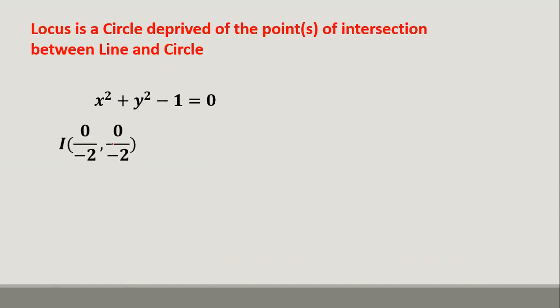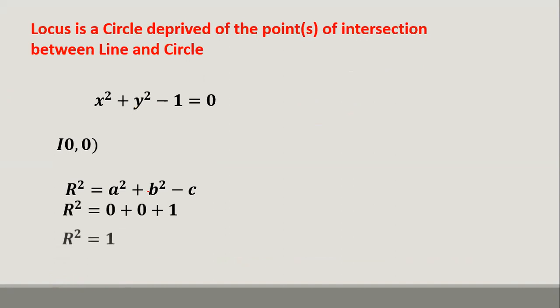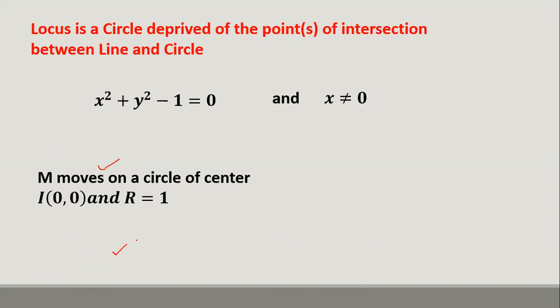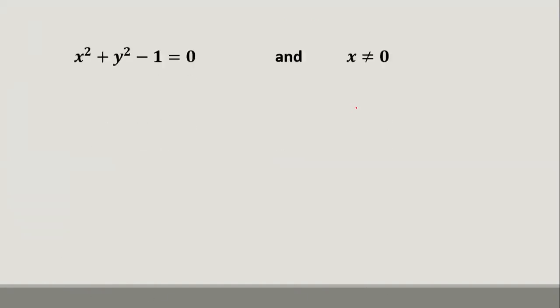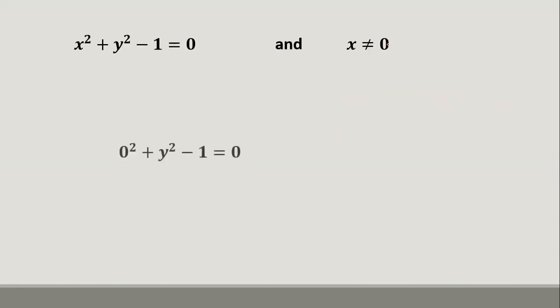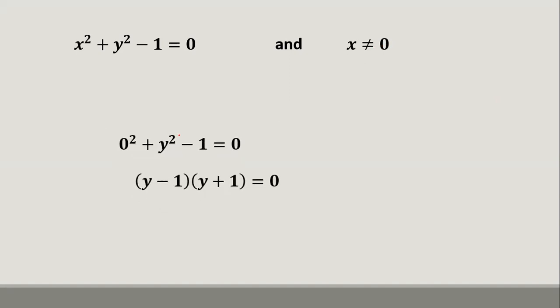For the circle we find its center and its radius, r squared equals a squared plus b squared minus c. We got the center and the radius of the circle. We have to deprive this circle of the points of intersection with the line x equals 0. So I'm going now to replace x by 0. We get that y squared minus 1 equals 0, a difference between two squares.